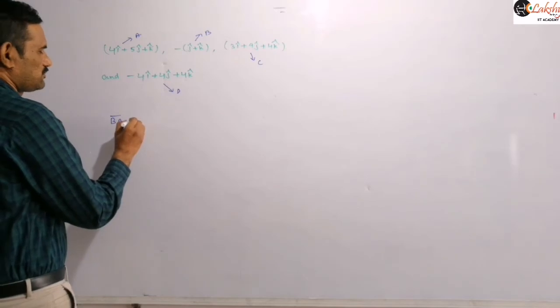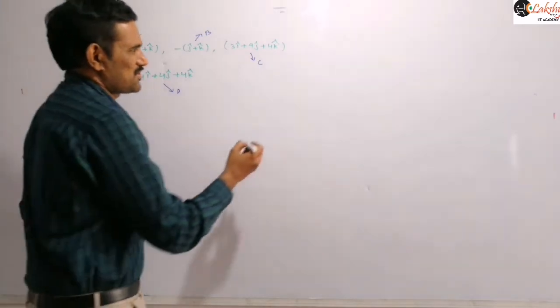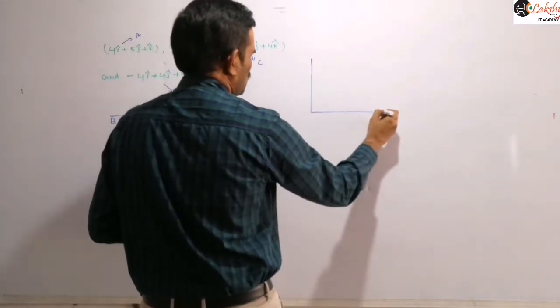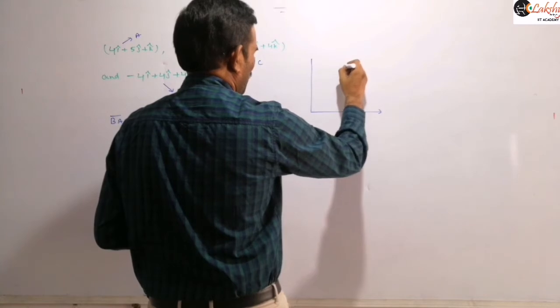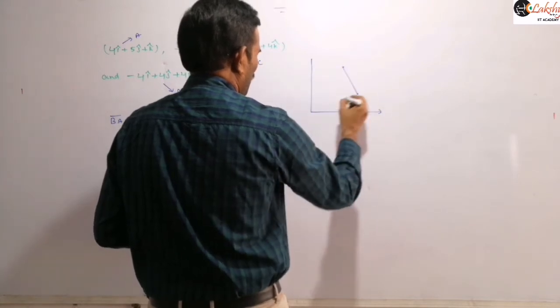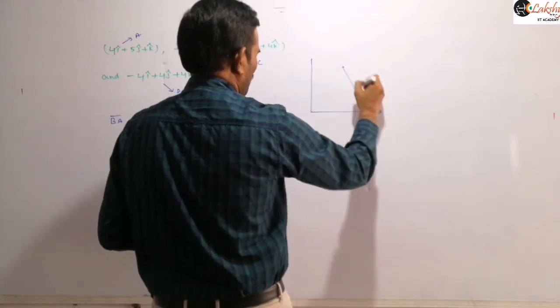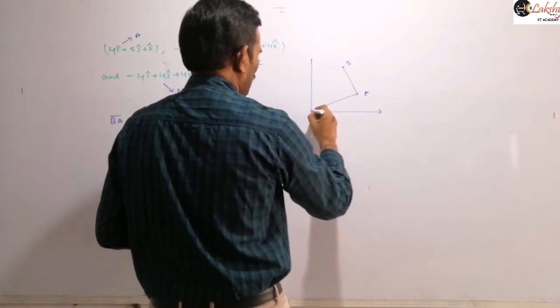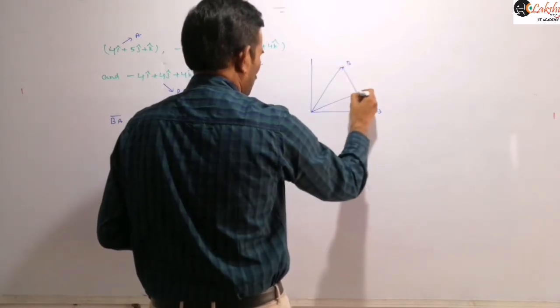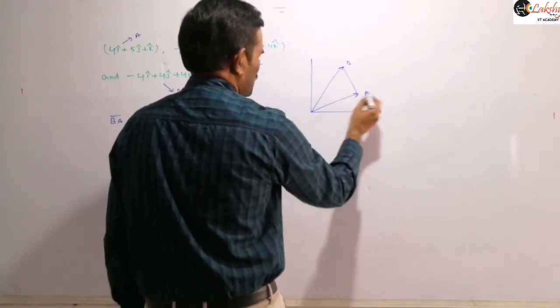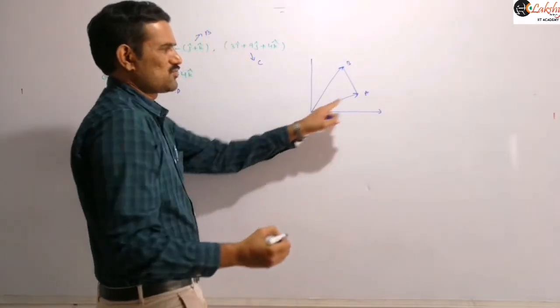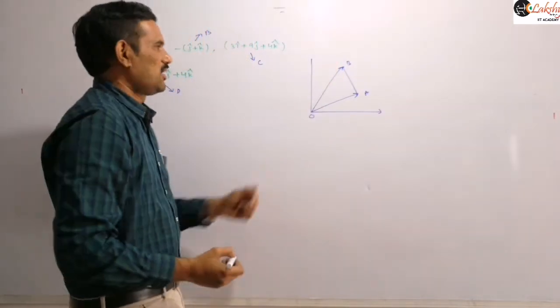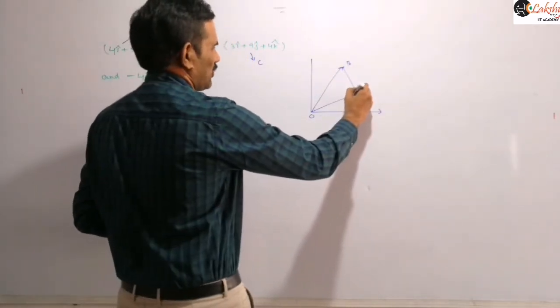And so now you know this BA vector you can write simply, in the last class also we discussed about that. Suppose you are taking A bar and B bar, that means A and B points like this. Suppose this is point A and point B here. Then OA vector will be like this and OB vector will be like this. This is point O, this is OA vector and this is OB vector. Now we are writing the BA vector here, right?